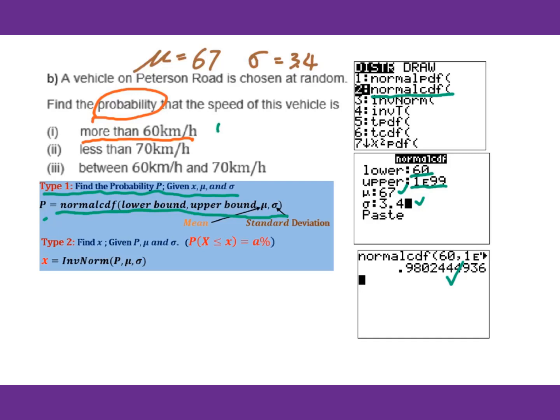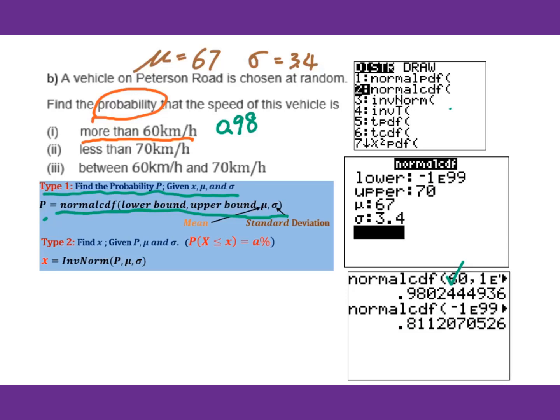0.98 will be the probability for number 1. For the second question, less than 70 km per hour, we still go to distribution, normal CDF. This time we put the lower one as negative 1E99 and the upper one as 70.